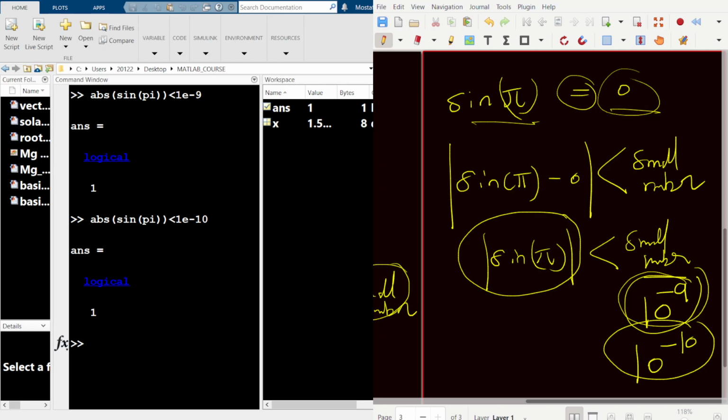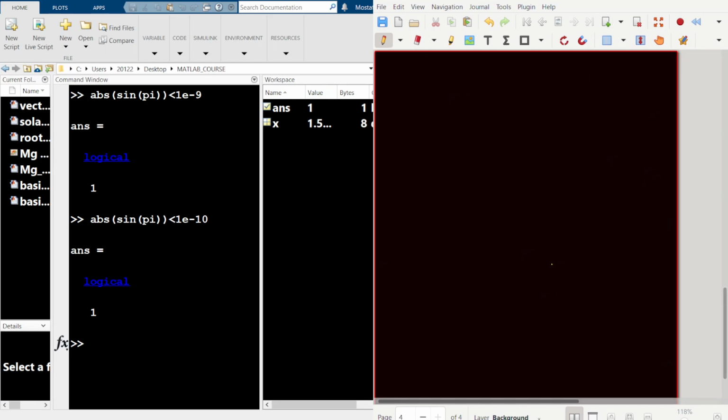So my recommendation is that you always check for some small number, and from experience, it seems that checking that the difference is less than 10 raised to the power negative 14 is sufficiently rigorous, because really 10 to the power negative 14 is a very small number. So if the difference is very small in that sense, then they should be considered equal.